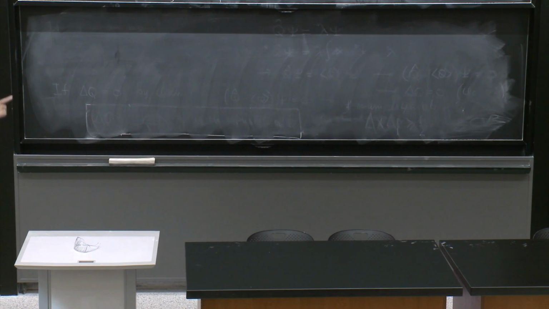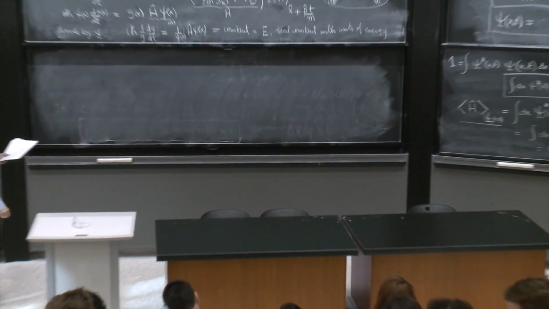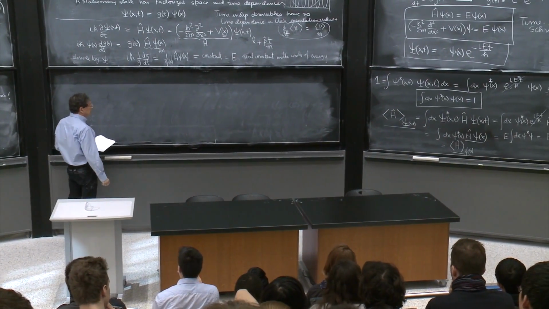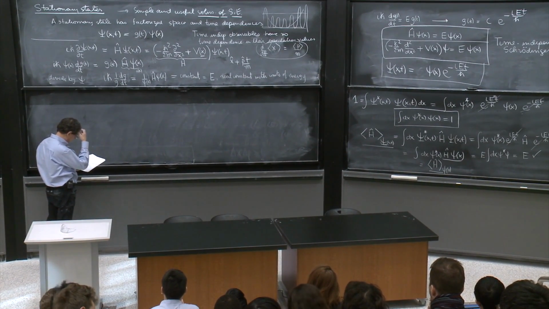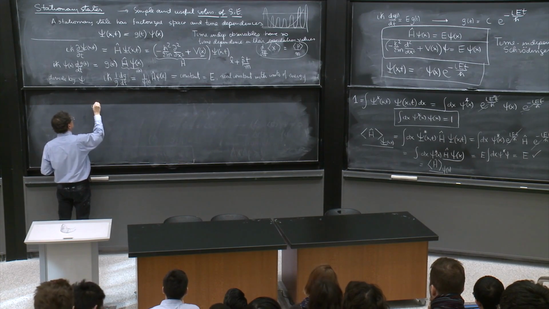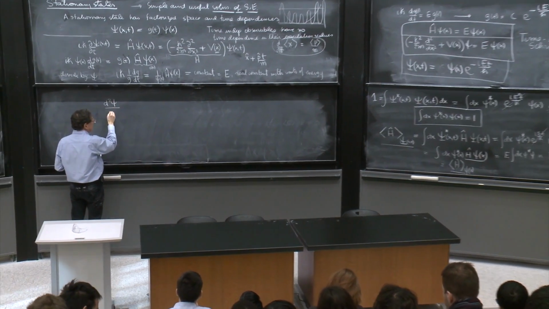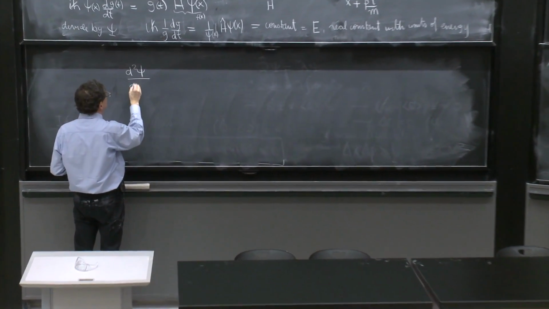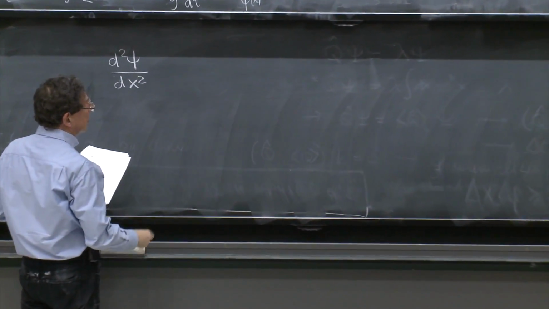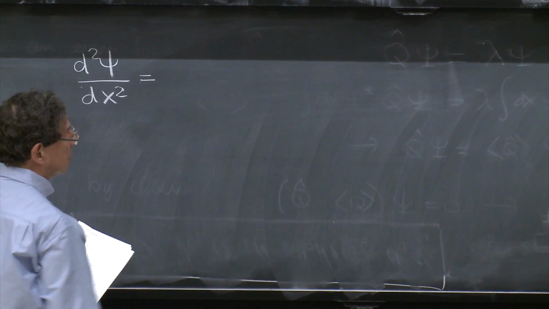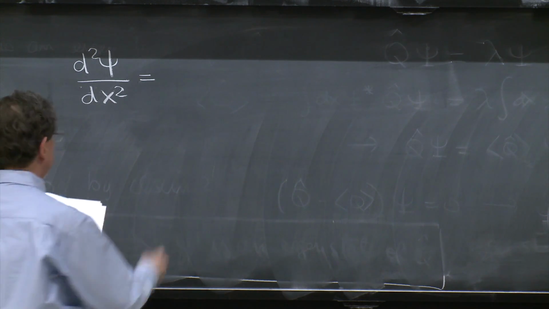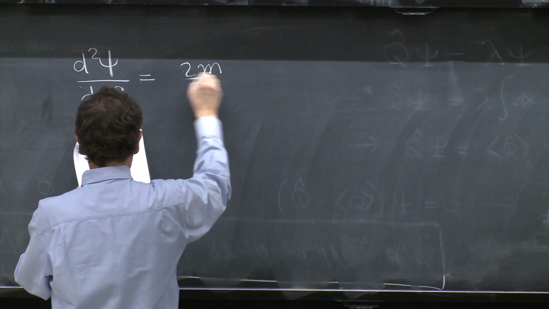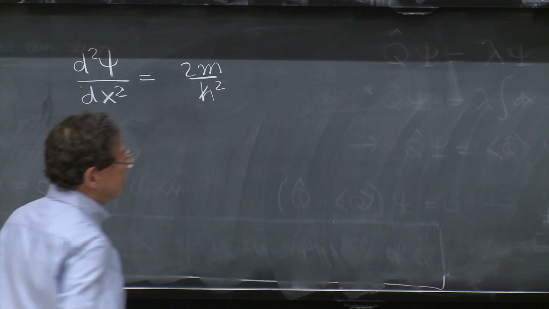We move the potential to the right-hand side and get rid of the constants here.